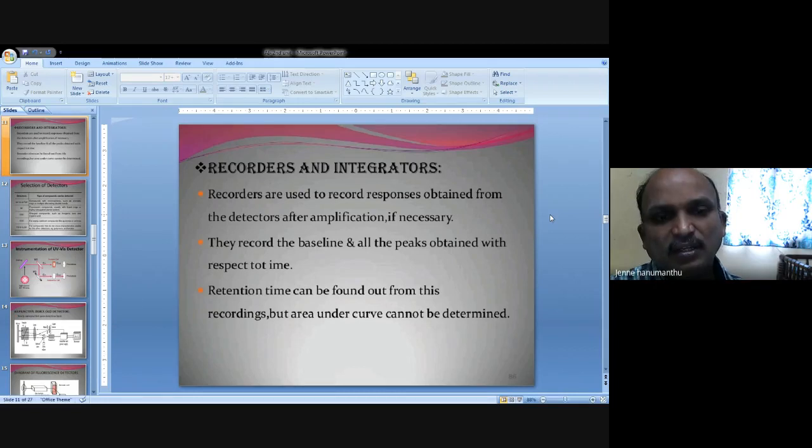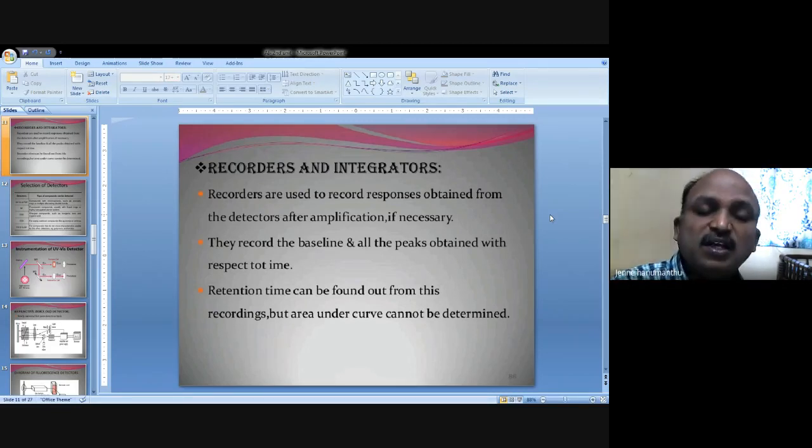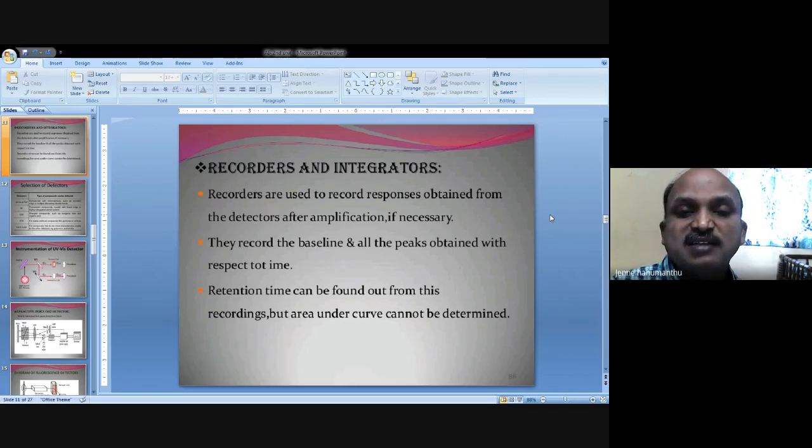And they record the baseline and all peaks obtained with respect to time. The output of the recorder we have to represent as a vertical line or a high peak line separately. For each component, we have to represent a peak line.